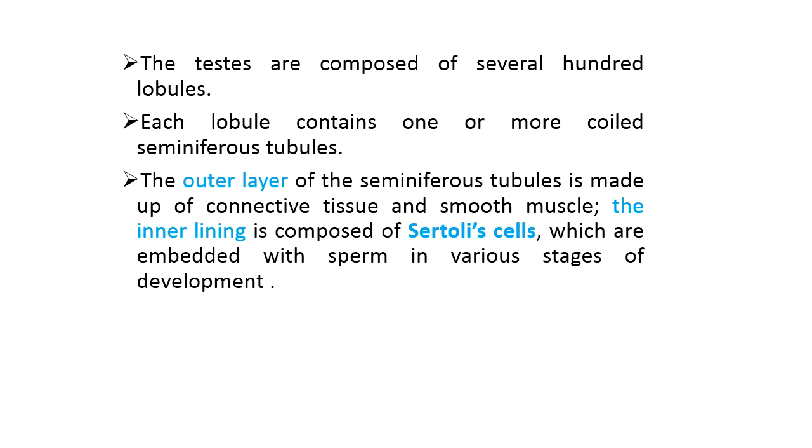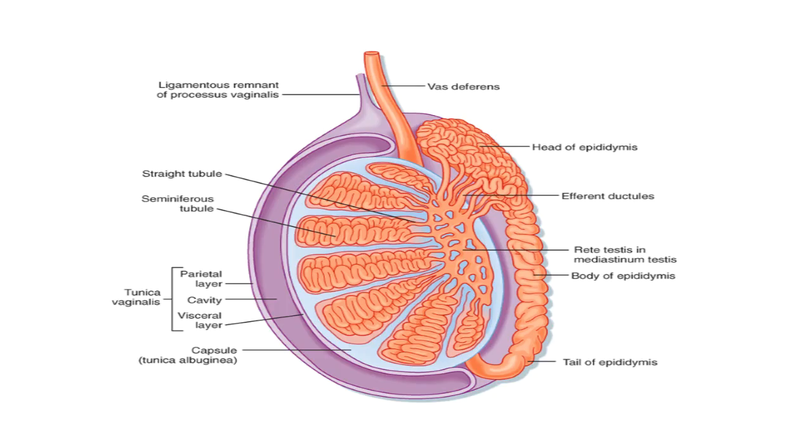Each lobule contains one or more coiled seminiferous tubules. The outer layer of the seminiferous tubule is made up of connective tissue and smooth muscle. The inner lining is composed of Sertoli cells. These cells are embedded with the sperm in various stages of development.